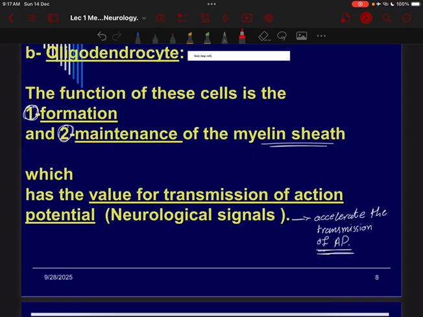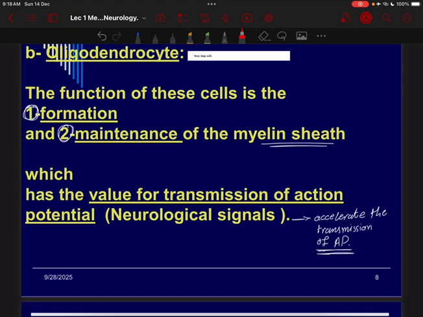The neurological signals, formed inside the body of the neuron, should be transmitted in the axon. The speed of transmission depends on the covering of the axon, the myelin sheath. So it is very important in transmission.